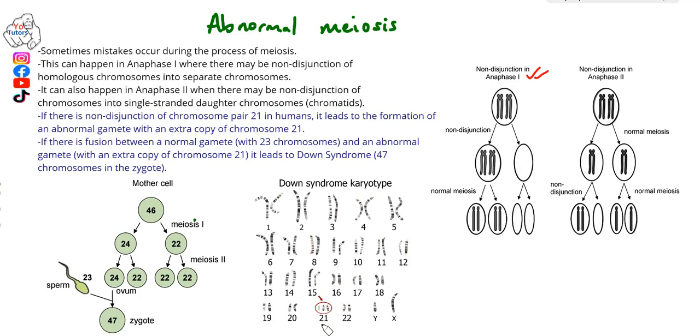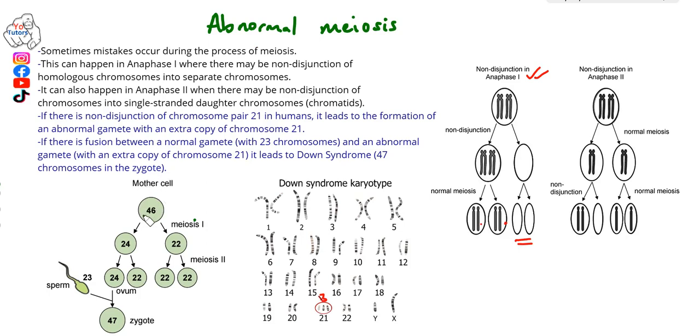We can say trisomy 21, meaning we have 3 chromosomes instead of 2 on chromosome pair 21. You can see here we have 3 chromosomes. The other cells don't have anything extra, but here they have an extra chromosome.